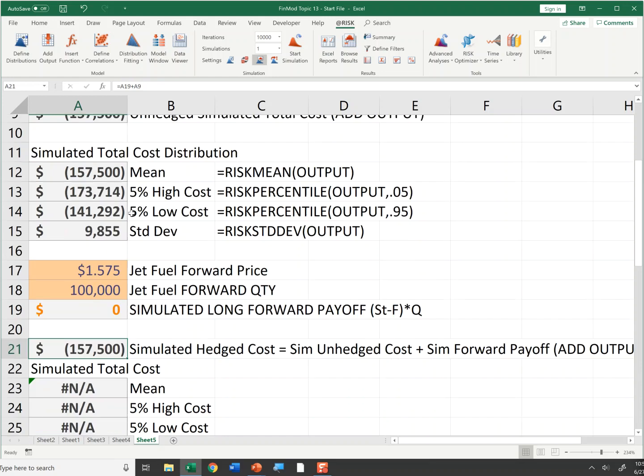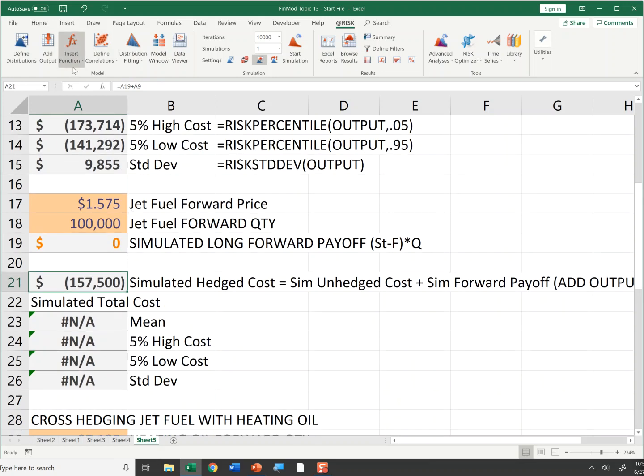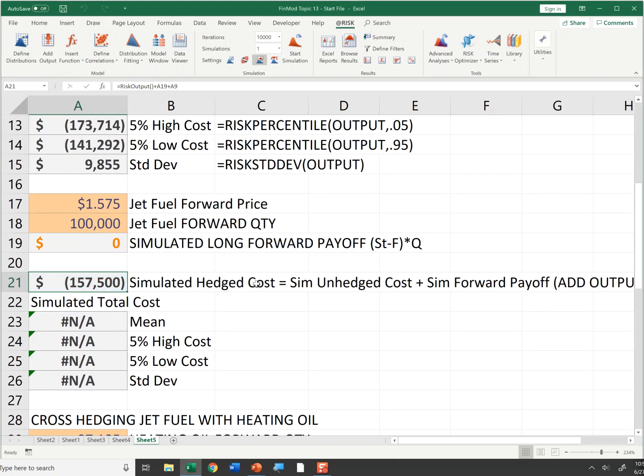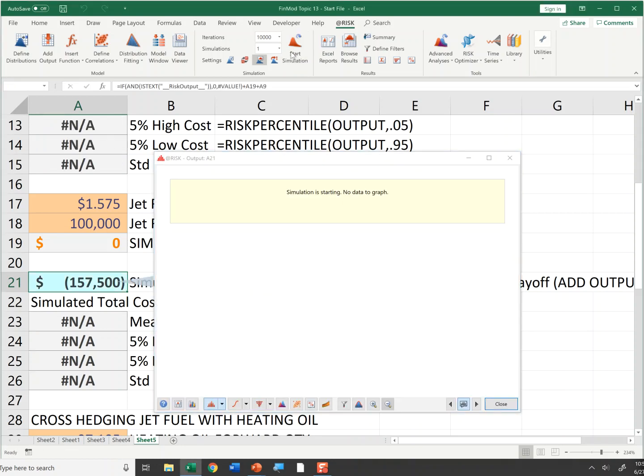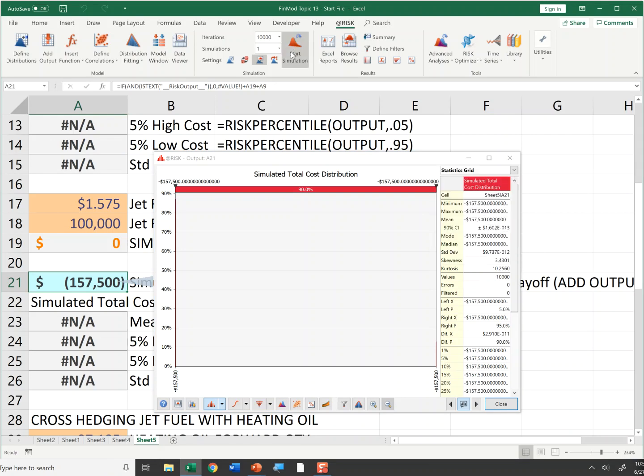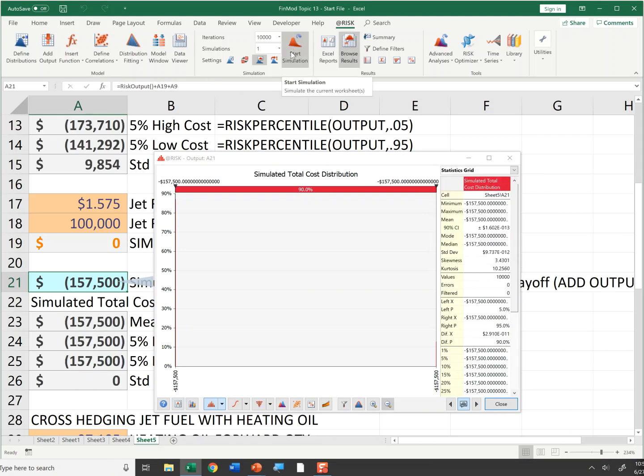When I add those two together, make that an output, and simulate the hedged position with 10,000 iterations, every time that fuel price is simulated as a high value, in other words, that Z variable comes out to be a positive high number, the price of jet fuel goes up and they pay more for jet fuel. However, they get a payoff on their forward contract.